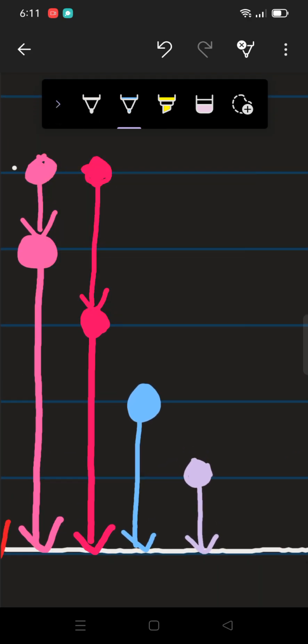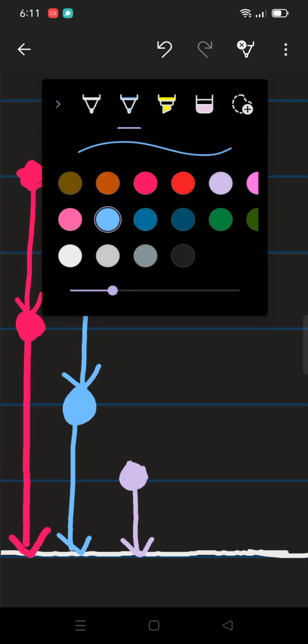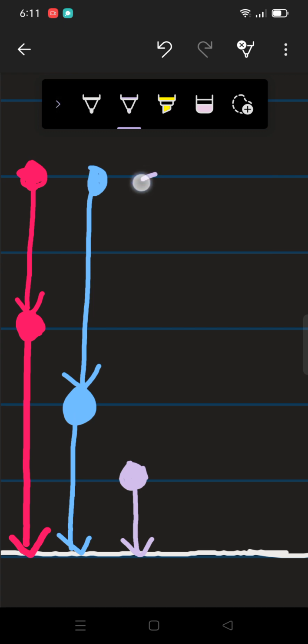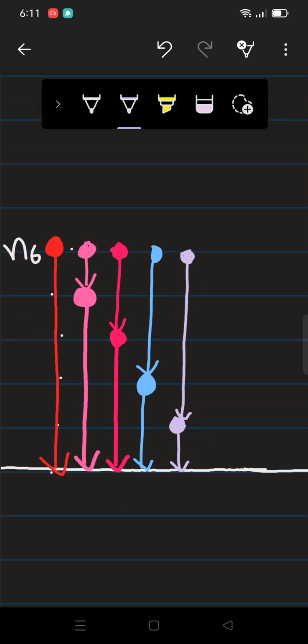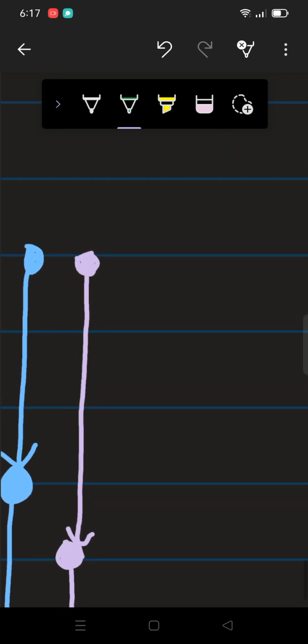And if I have an electron here, it can initially go to N3 and then to N1, right? And if I have an electron here, it can go to N2 and then to N1, right? There must be a lot of possibilities. So it can come like this as well.